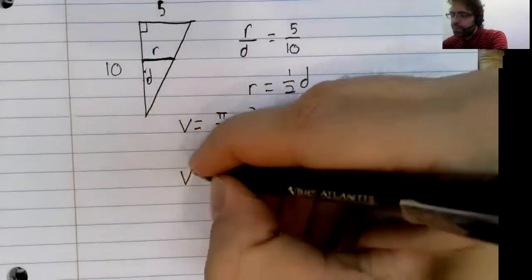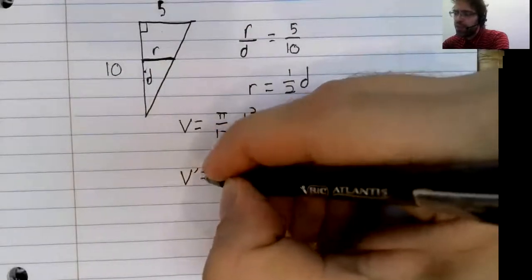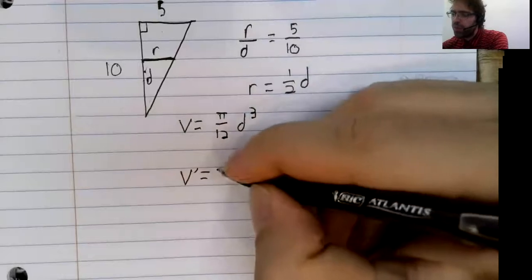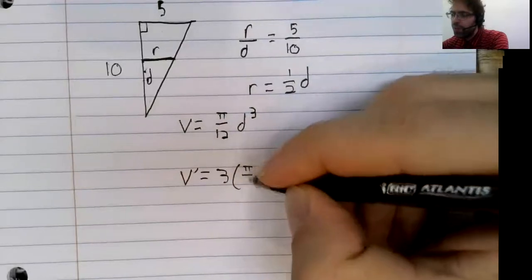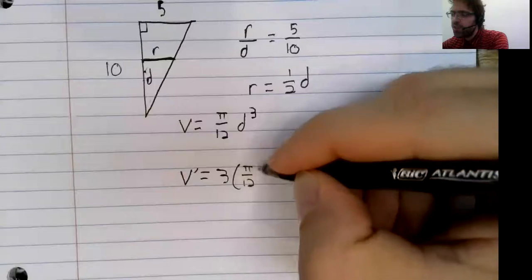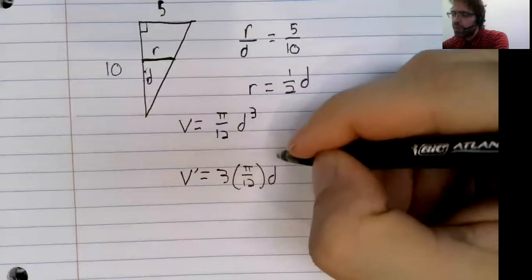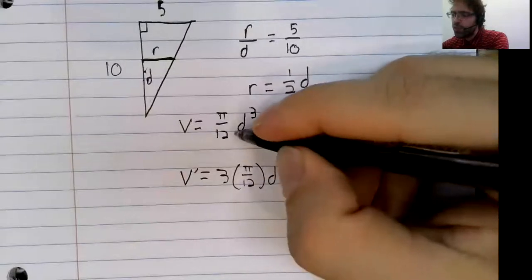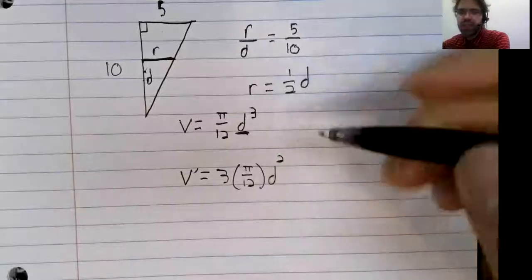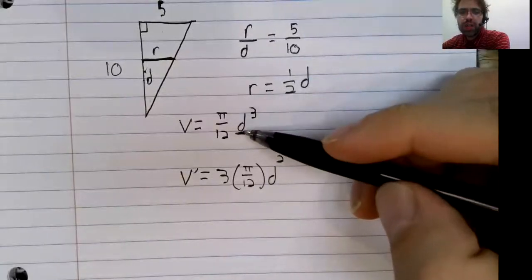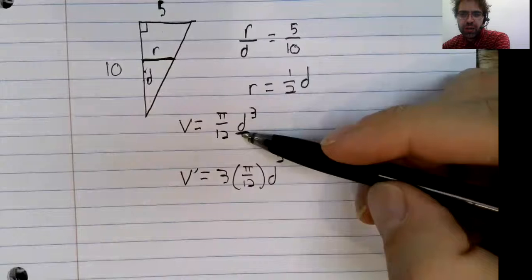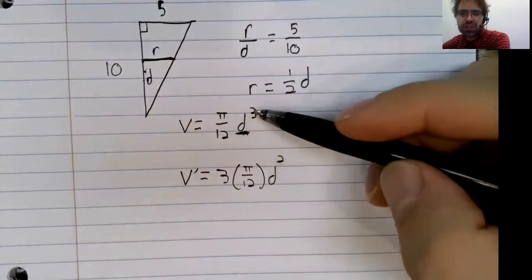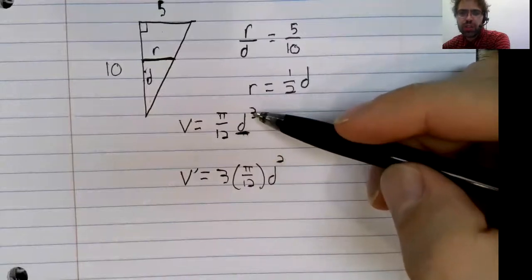So when we take the derivative of both sides, we need to use the chain rule. This is a function cubed. This is the inner function. This is the outer function.